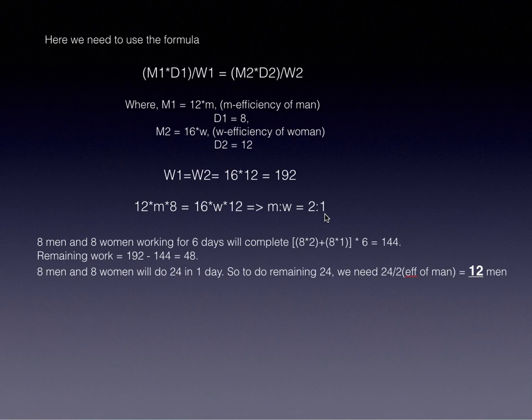That is, m by w is equal to 2 is to 1. That is, man's efficiency is 2 and woman's efficiency is 1. Therefore, if you substitute here, w is equal to 1, so 16 into w will be 16, and 16 into 12, 192 will be the work.